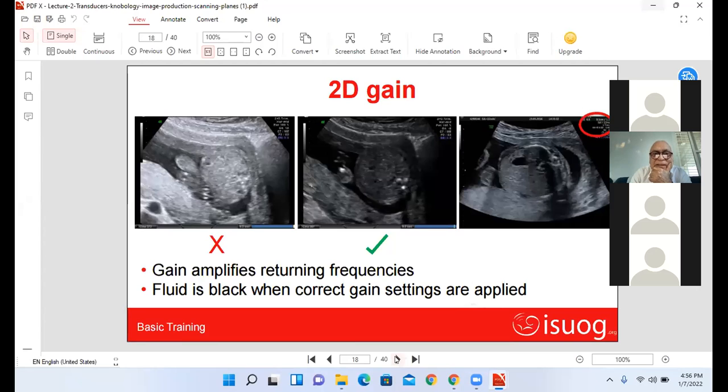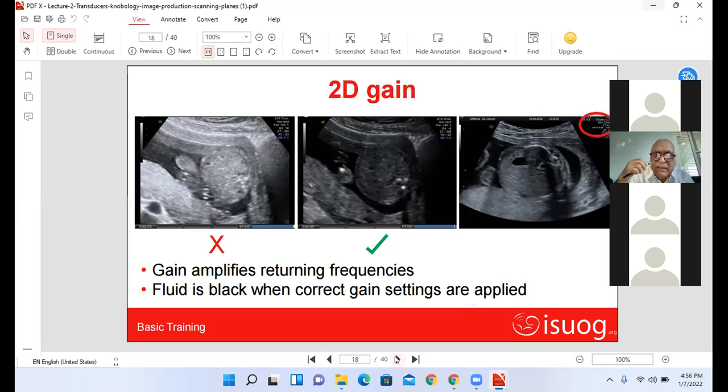2D gain. Yeah, this 2D gain is overall gain. What we are doing is not actually amplifying the returning sound signals. On the contrary, the picture elements are there on the screen, and we are just brightening or darkening them. Gain amplifies the returning frequency.